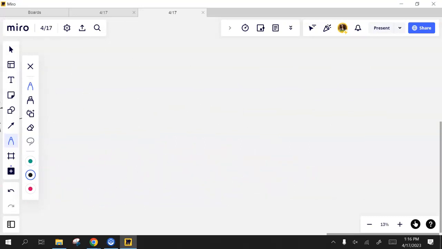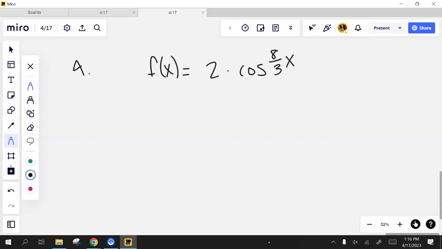We'll do, would you say 4 or 5? You can, but you have to show your work. I'll show you. But I did say some of these are non-calculator.